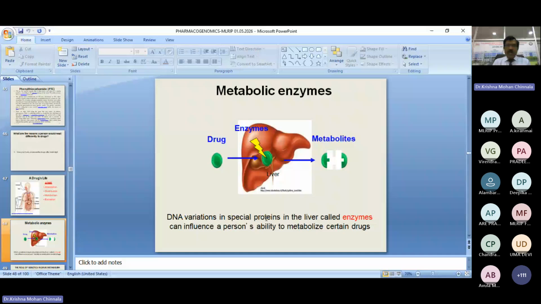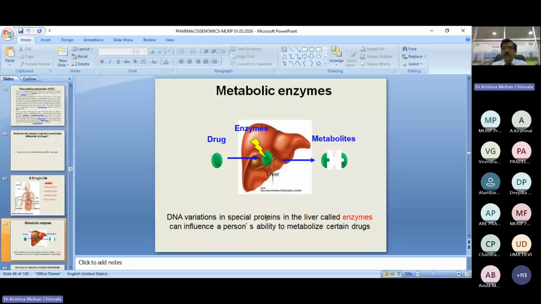They are called cytochrome P450 enzymes. DNA variations in special proteins in the liver called enzymes can influence a person's ability to metabolize certain drugs. DNA variations in P450 enzymes, CYP450 enzymes, can influence a person's ability to metabolize certain drugs.